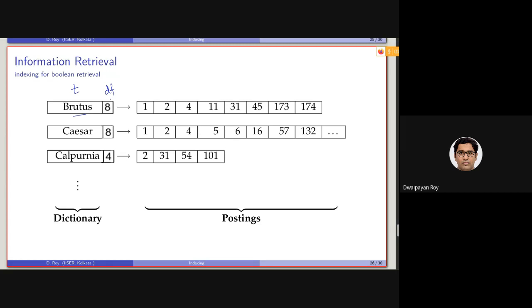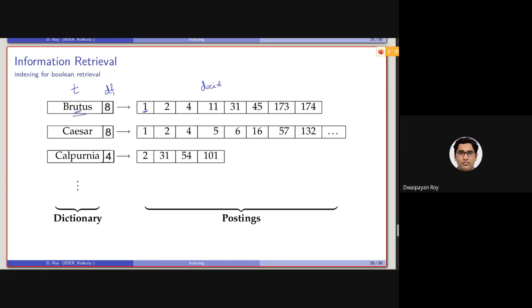Note that this was stored to make the skip list, and for many other operations that we have discussed. And these are the doc IDs. But we don't know how many times the term Brutus is present in this document. That's why we are only considering whether it is present or absent.